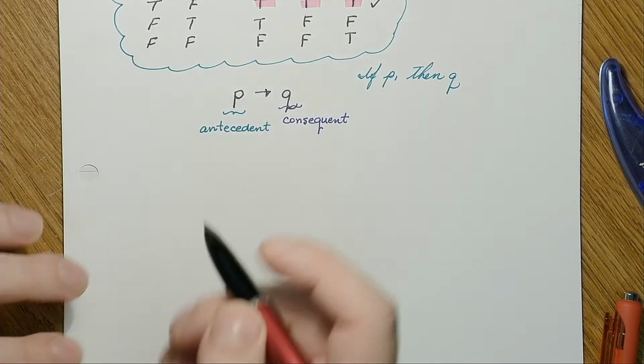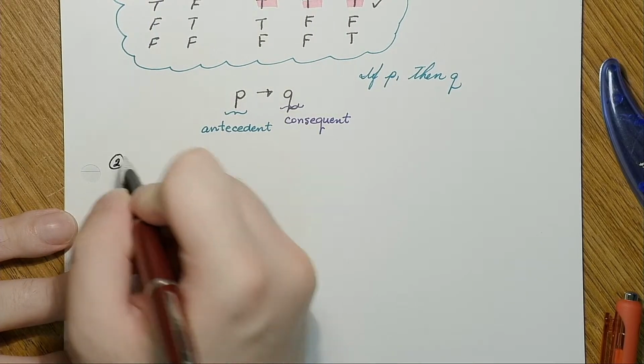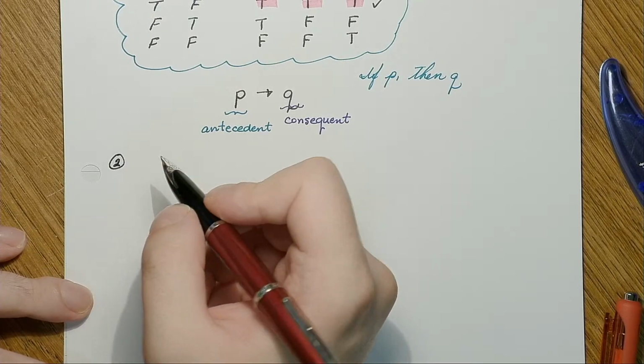Why is this important? Because we're going to do number 2 for the non sequitur, and that's affirming the consequent.